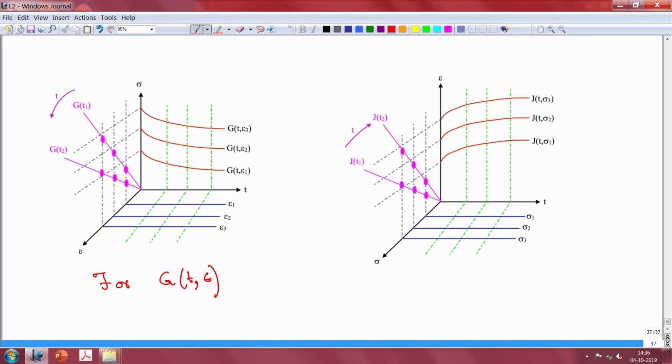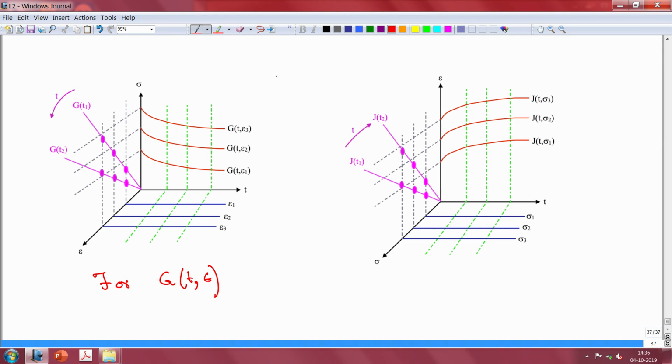In this case, your bottom plane, the sigma-t plane, is your input plane, and then you are measuring your output on the epsilon-t plane.